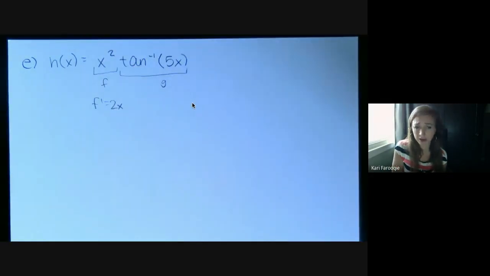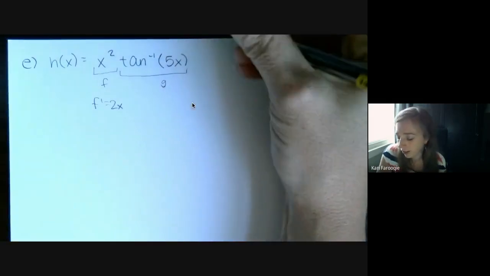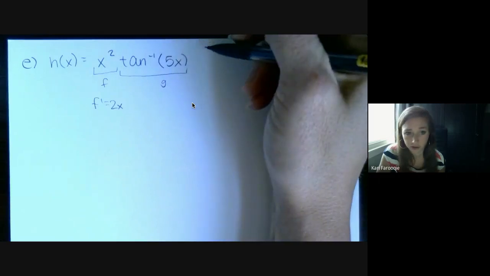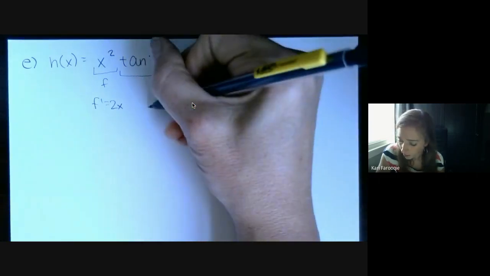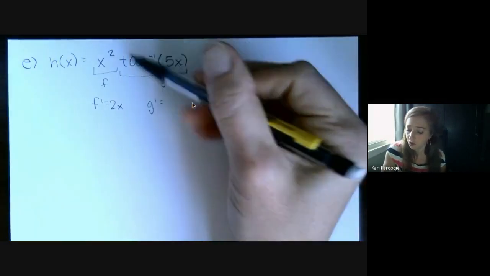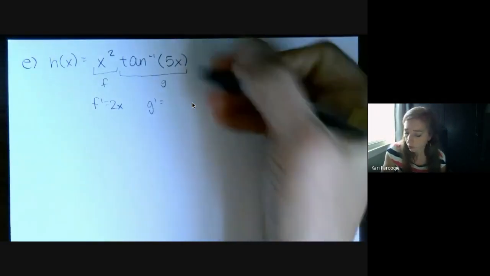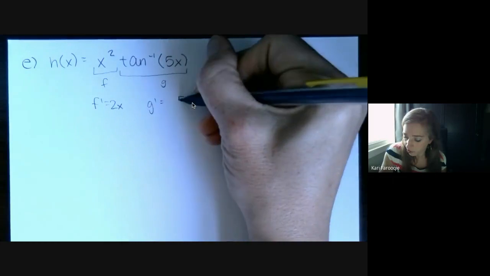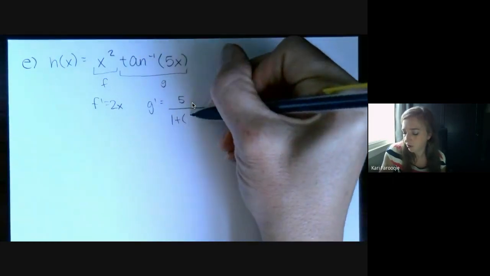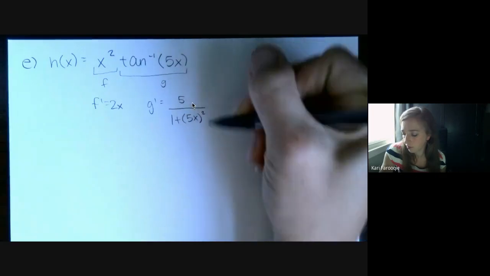G prime is going to be the derivative of the inverse tangent of 5x. Now, if you want to get crazy here and label u of x as 5x, that's fine. But I don't want to get too crazy with the notation. The derivative of the inverse tangent of u is u prime, which in our case is going to be 5, divided by 1 plus u squared.